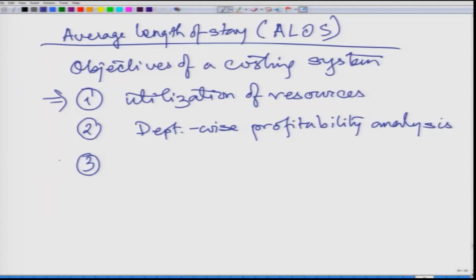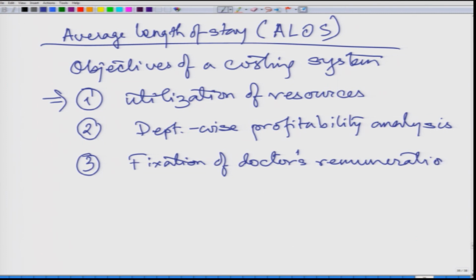Number three is fixation of doctors' remuneration. Often very challenging, and you do it based on the reputation of the doctor, the business a doctor is bringing, because nowadays in a corporate hospital doctors are consultants and are seen as profit-making agents, and the doctor's remuneration is highly dependent upon the profit they are able to generate.